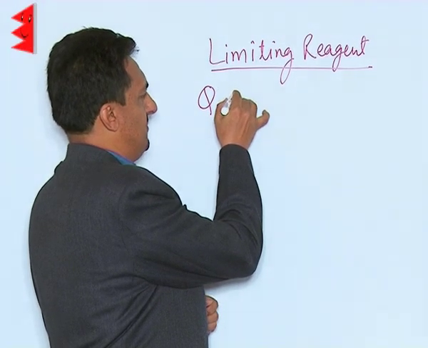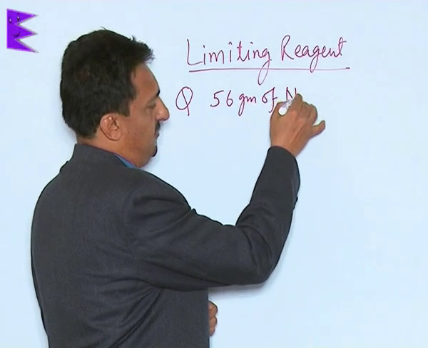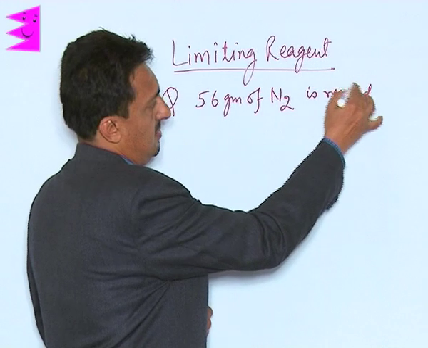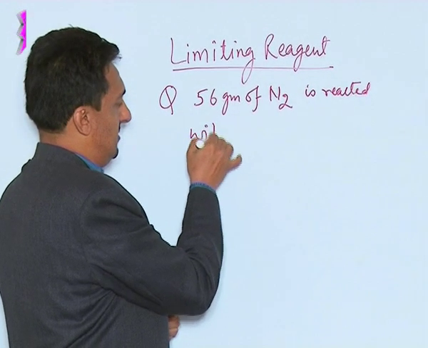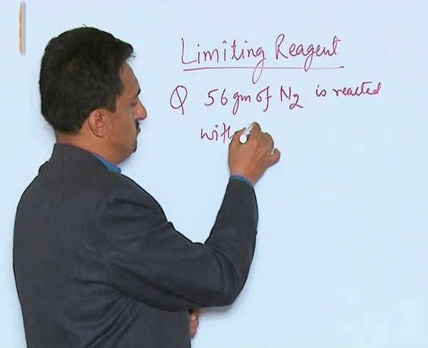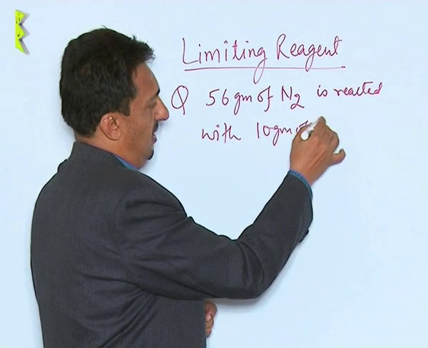It says: 56 grams of nitrogen is reacted with 10 grams of hydrogen.